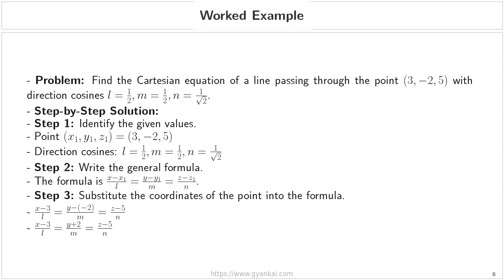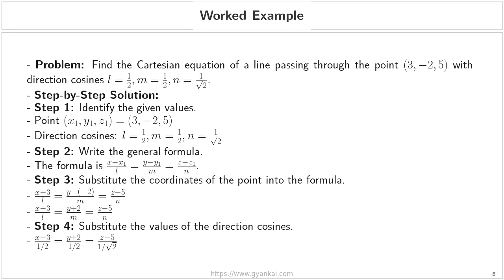Third, step 3, we substitute our specific coordinates into that formula. When we plug in our point, notice what happens to the y term. We have y minus -2, and as we know from basic algebra, subtracting a negative is the same as adding a positive, so it becomes y plus 2. So, our equation now looks like the fraction of x minus 3 over L equals the fraction of y plus 2 over m equals the fraction of z minus 5 over n.